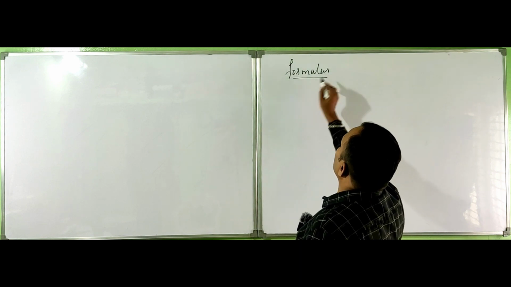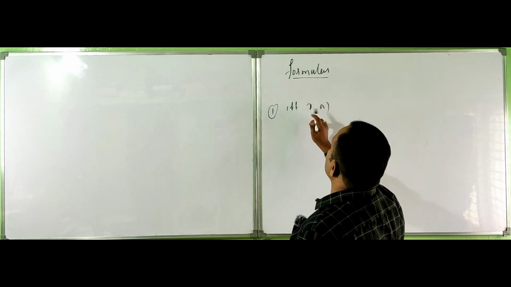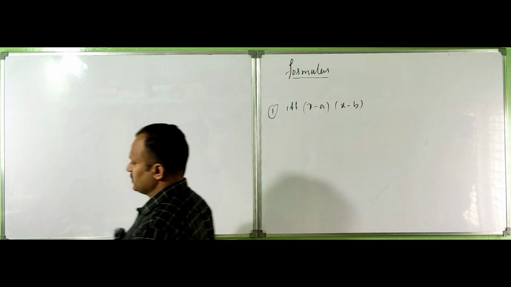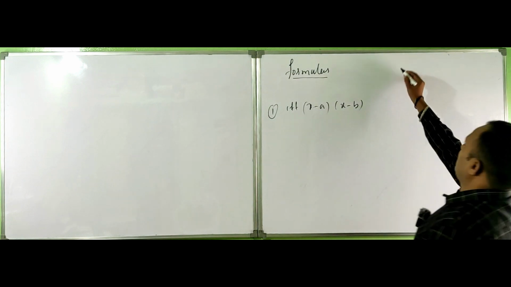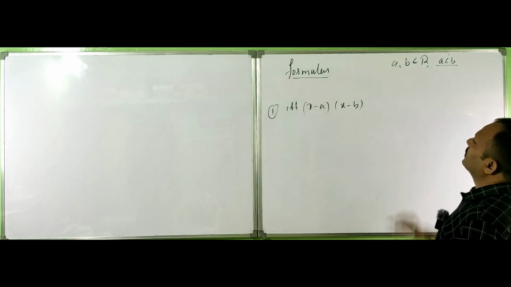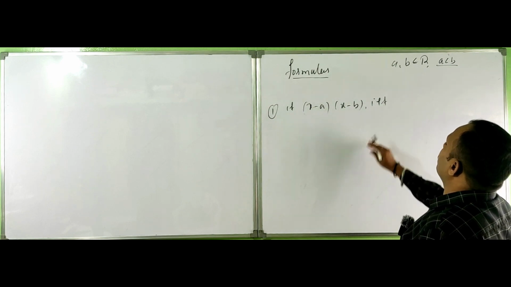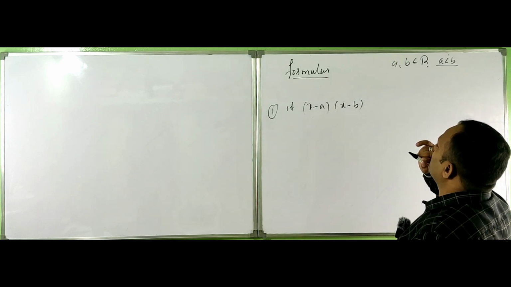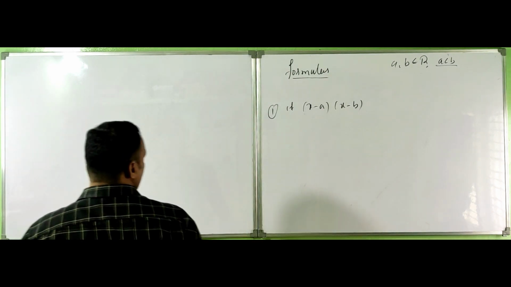Formulas. First one is: if (x minus a) into (x minus b) is less than 0, right, what's the condition? If a and b are real numbers, such that a and b belong to R and a is less than b, then (x minus a)(x minus b) is less than 0 if and only if a is less than x, less than b, and also x belongs to the open interval (a, b).